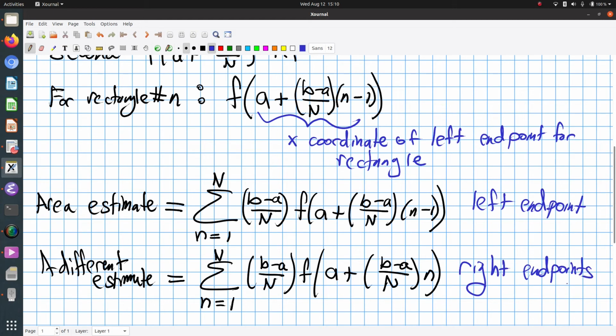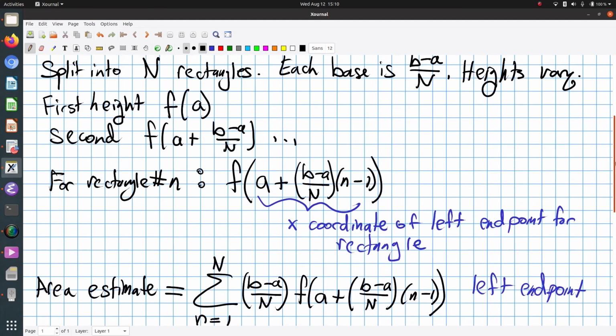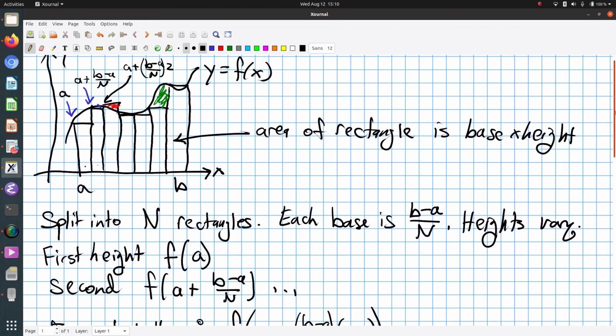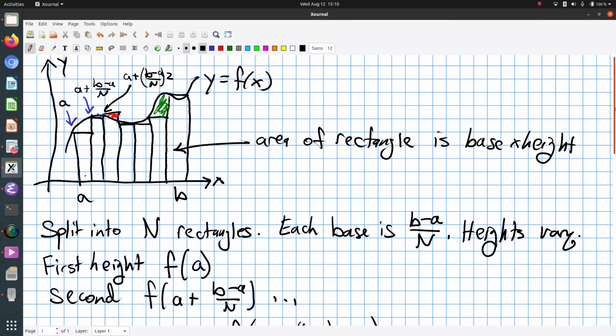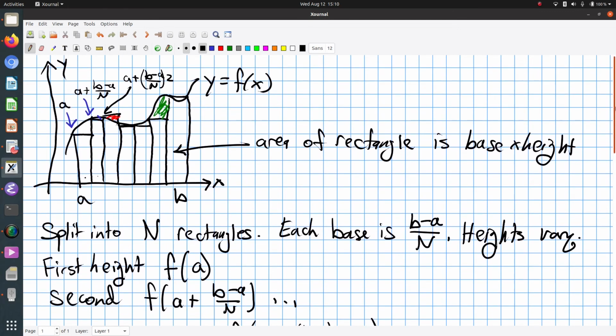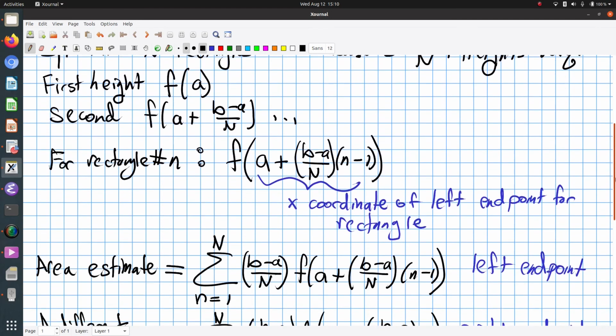Okay, now if I now take lots and lots of rectangles, the hope here is that actually I'll come up with, well, the area under this curve. All of these little errors that I've drawn in red or green, or haven't shown either, all that extra sawdust there will go away.